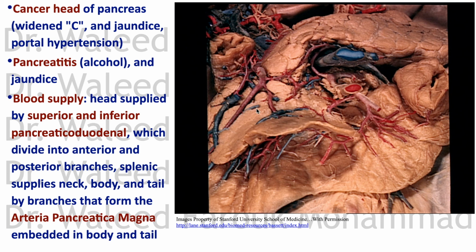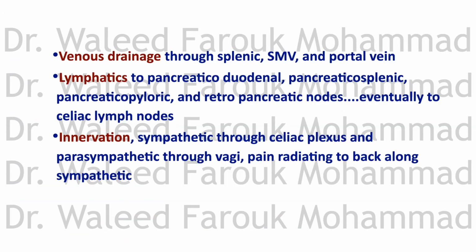So the pancreaticoduodenal arteries supply the head and the uncinate process, but the neck, body, and tail are supplied by the splenic artery branches that form a major artery inside the substance of the pancreas called the arteria pancreatica magna, or the great artery of the pancreas. So this is the blood supply of the pancreas.